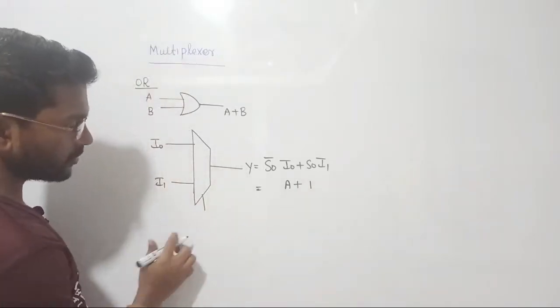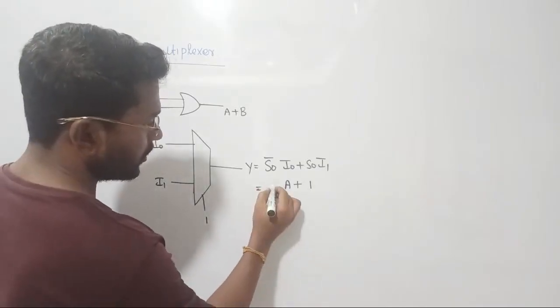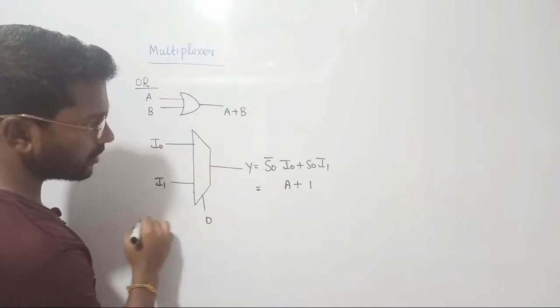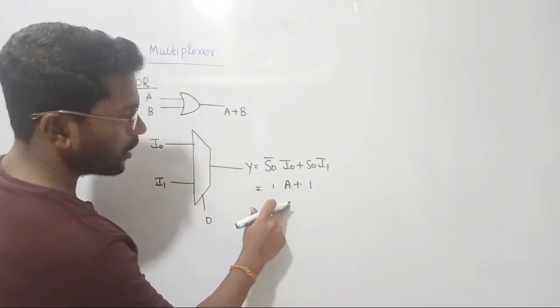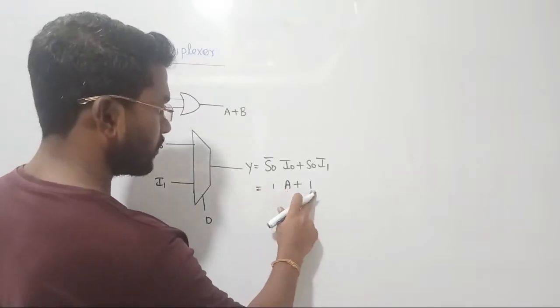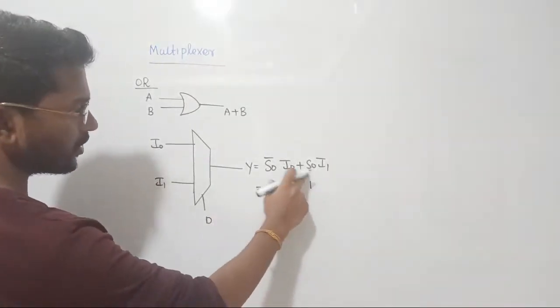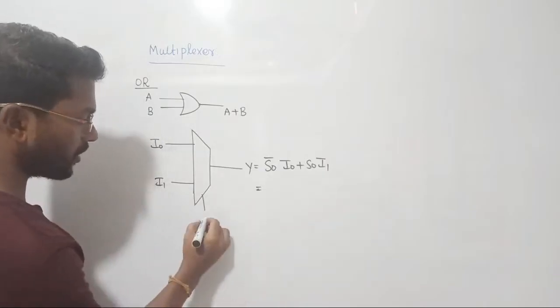So let me replace this one. If I am considering 1 here, then what will happen? 1 bar is going to be 0. No, I am not getting the answer actually. Suppose if I am considering 0 here, 0 bar is going to be 1, such that 1 into A I will get here, plus here we are going to get, no, that is going to be 0, no? That is not good actually. We have to select some variable here, I understood.